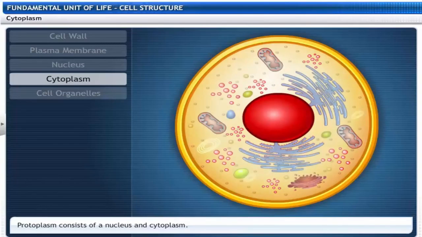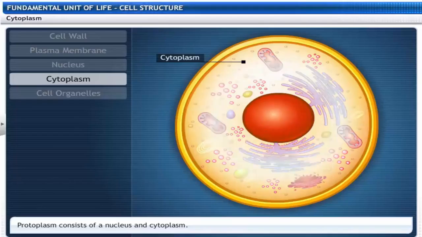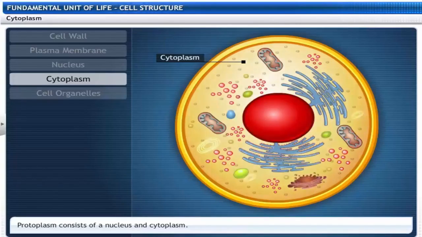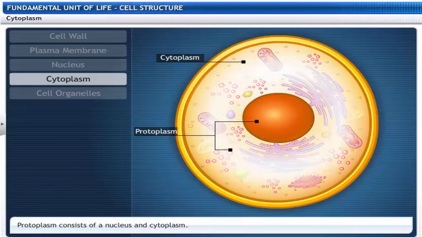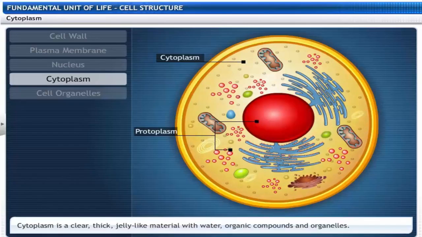The fluid living content between the plasma membrane and the nucleus is called cytoplasm. The nucleus, along with the cytoplasm, makes up the living content of the cell, called protoplasm. Let's take a closer look at cytoplasm.